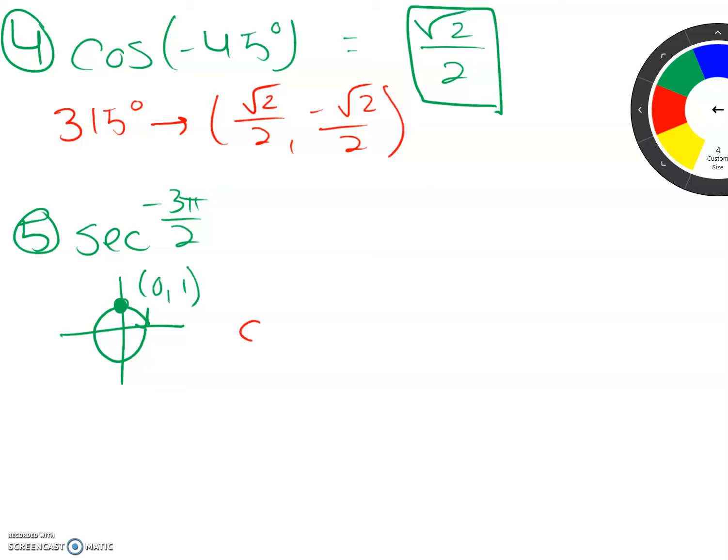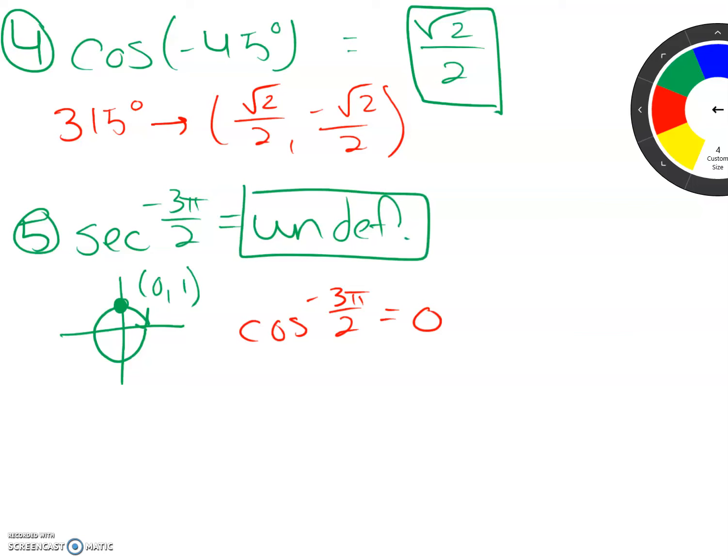So the cosine of negative 3 pi over 2 is 0. But when you do secant, you've got to flip it. Remember, the reciprocal of 0 is undefined. Okay?